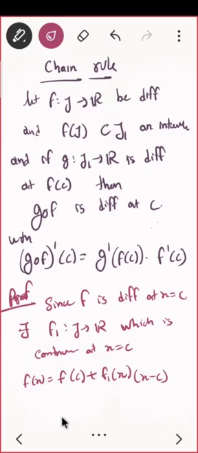So f of x equals f of c plus f1 of x into x minus c.